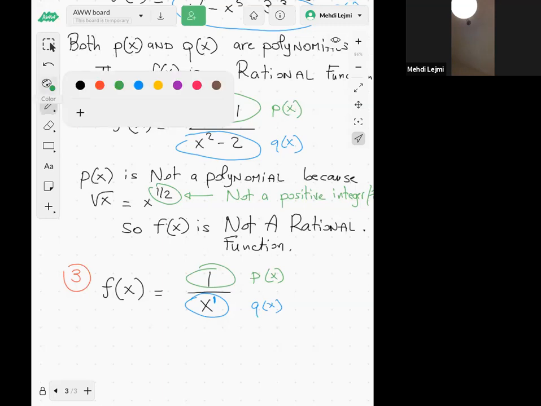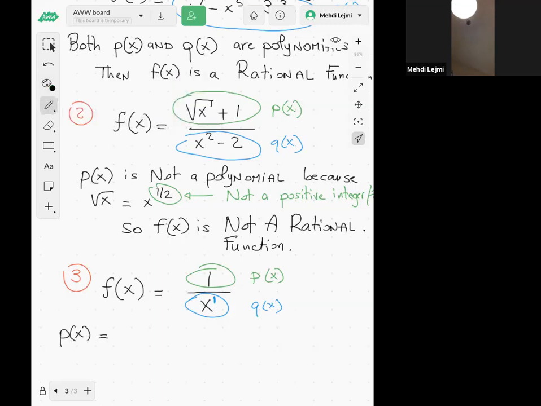P of x is 1, but the constant 1 you can write as x to the power 0. So yes, a constant is actually a polynomial. Absolutely, a constant is a polynomial.